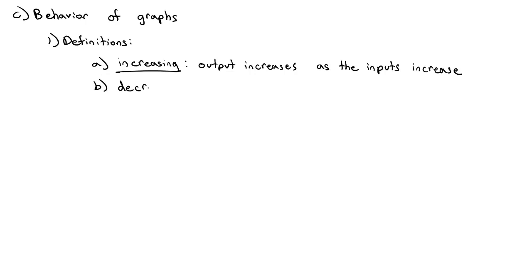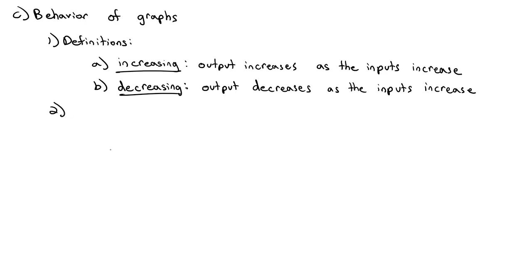Contrast that with decreasing. With decreasing, the output decreases as the input increases. This was the second example with the gas prices. For those last few years, we saw the gas prices were going down as the time went on. So that was decreasing.